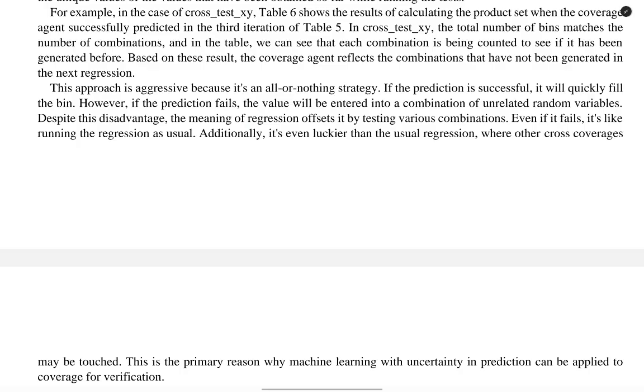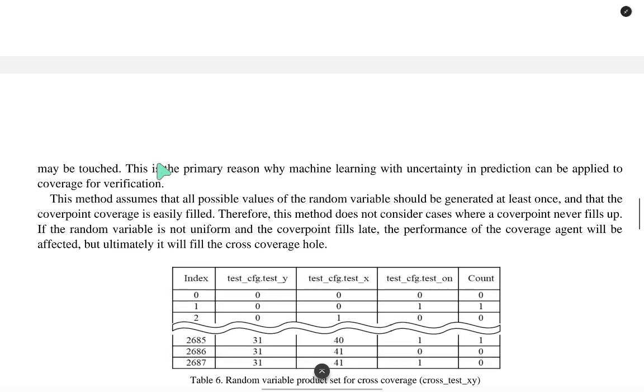Even if it fails, it is like running the regression as usual. Additionally, it can be luckier than the usual regression, as other cross coverage may be touched. This is the primary reason why machine learning, even with uncertainty in prediction, can be applied to coverage for verification.